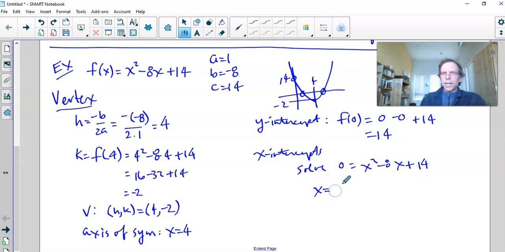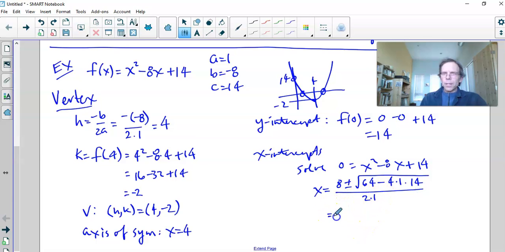X equals negative b. I'm expecting you to know how to use the quadratic formula. Negative b is going to be positive 8 because b is negative, plus or minus the square root of b squared, that's negative 8 squared, so that's 64, minus 4 times a is 1 times c is 14, all over 2a, a is 1.